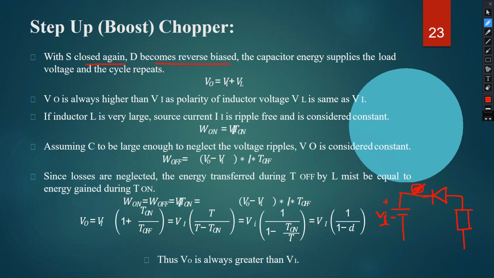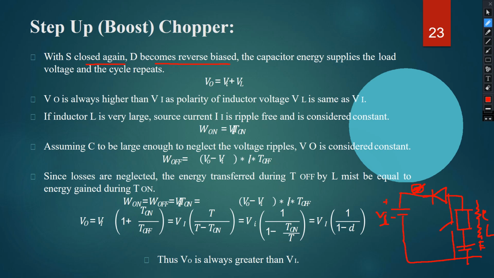So let the switch not be over here, rather I am having a source E over here, and this is an RL circuit, RLE load. Okay. Now instead of here, the chopper switch will be located over here.